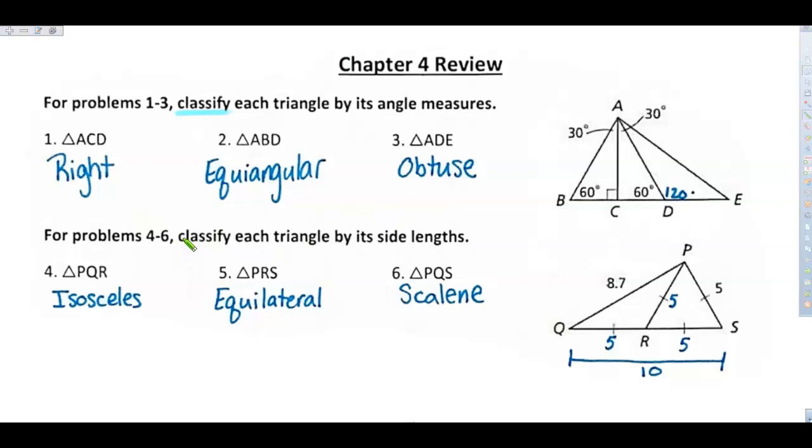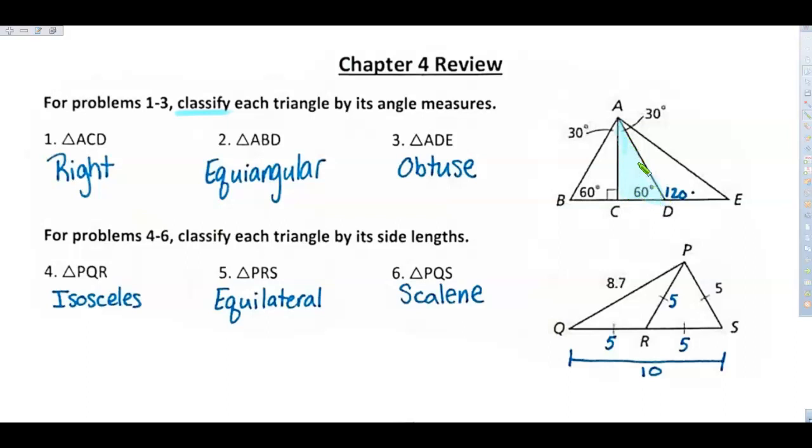Classify is telling me if we're going by angles, it's these three plus acute. And if it's side lengths, these are the three side length classifications. So sometimes people struggle with what it means to classify. So please make sure that you understand that this is what we're looking for, again, plus acute, in terms of classifying your triangles.